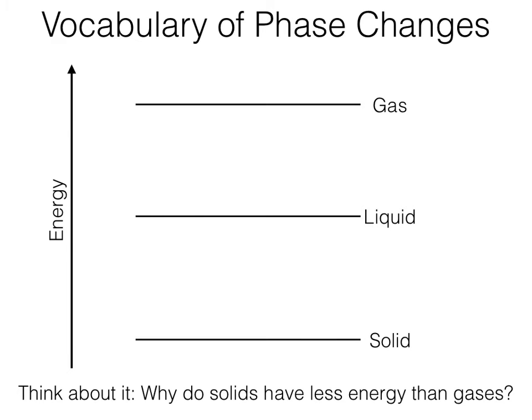So we think about it, why do solids have less energy than gases? Remember that gases are very far apart. Lots of motion. Solids are close together. Very little motion.